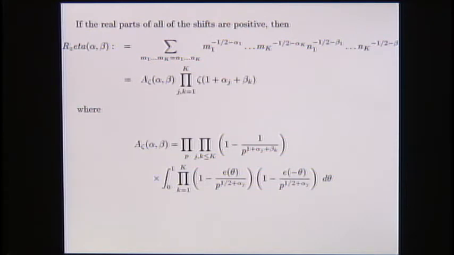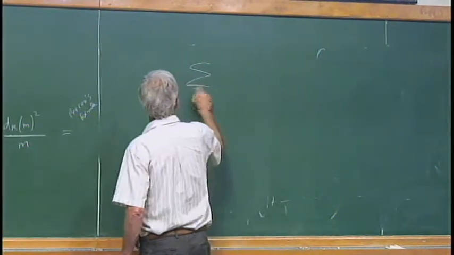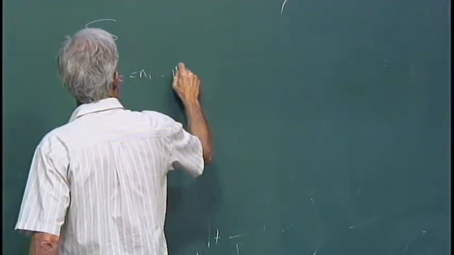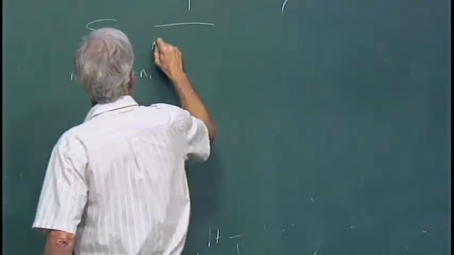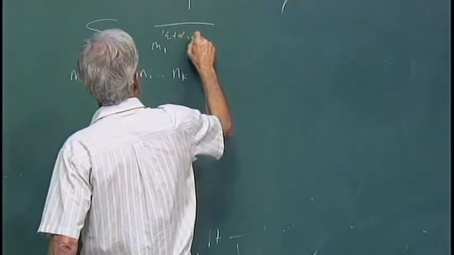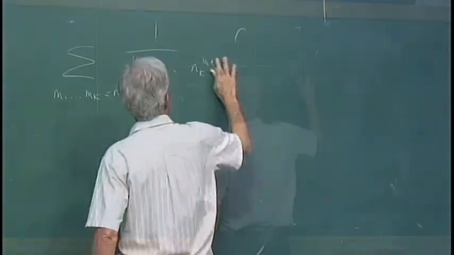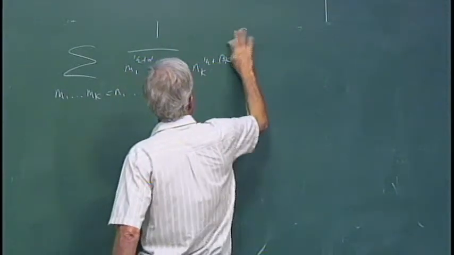So we have the sum over m1 up to mk equals n1 up to nk, 1 over m1 to the half plus alpha 1, and so on up to nk to the half plus alpha plus beta k.